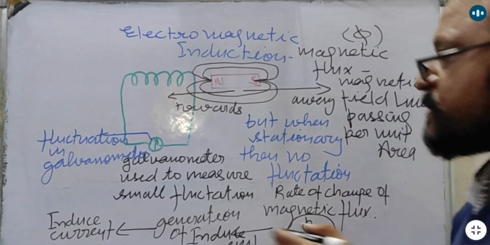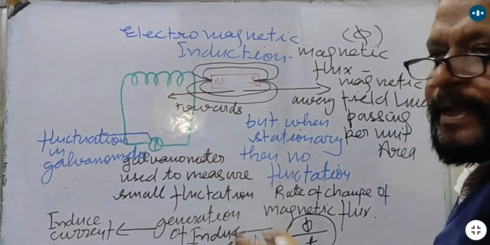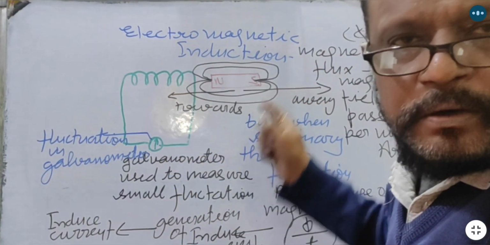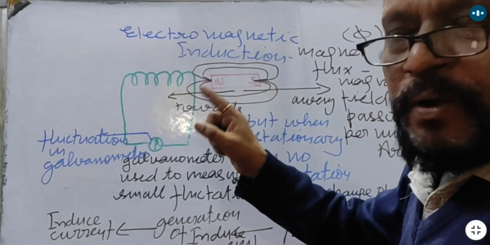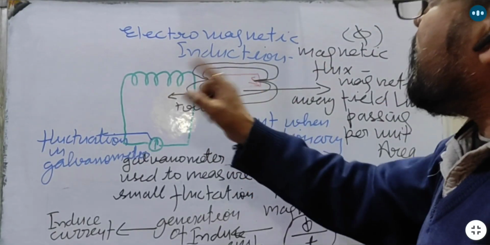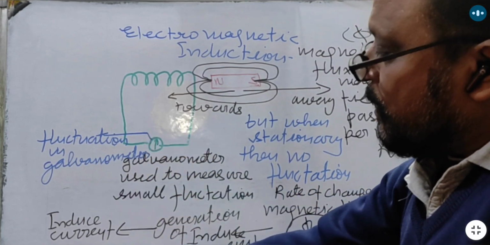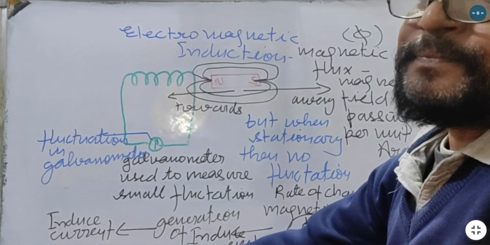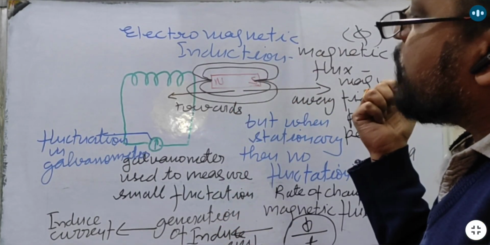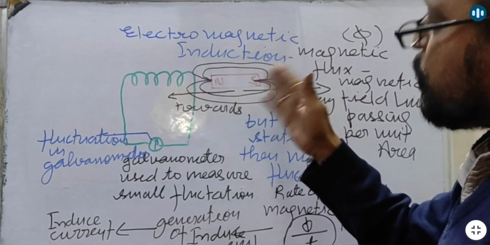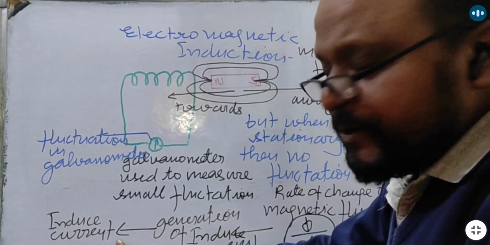Actually, in this case either the magnet is moving or the coil is moving, right? Out of these two, any one is moving, there will be fluctuation in the galvanometer. There will be induced current in the circuit. It does not matter only that I am saying the magnet is moving; on moving of the coil also this happens. Getting my point?